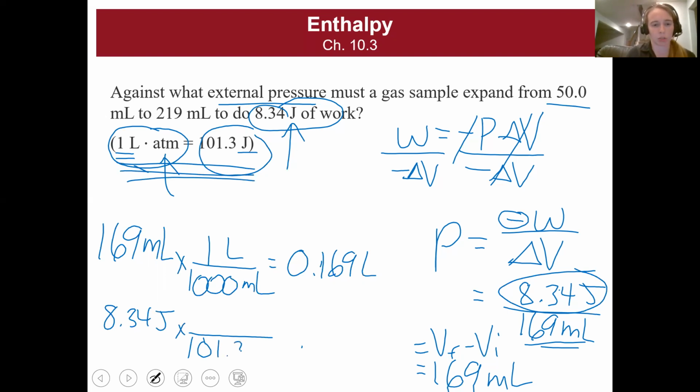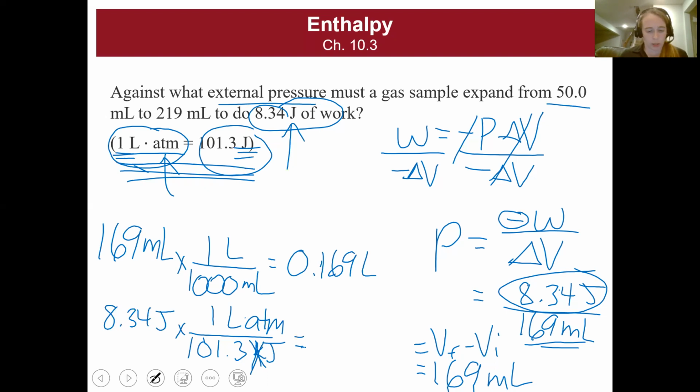Remember back to our dimensional analysis that we've used so many times throughout this semester. Oops, it's joules in this conversion factor, not kilojoules. So 101.3 joules, and on top goes liter atmospheres. Okay, so let's calculate my work in liter atmospheres instead of joules so that we can finish our calculation.